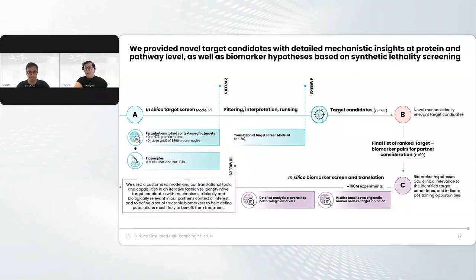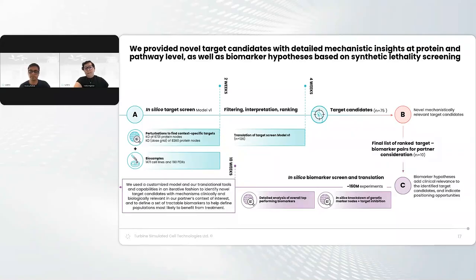And these can give you mechanistic insights on how and why the actual target perturbation is acting within that specific molecular context. And then when we had the top list of the ranked target and target hypothesis, we then forwarded those to the in silico biomarker screen.